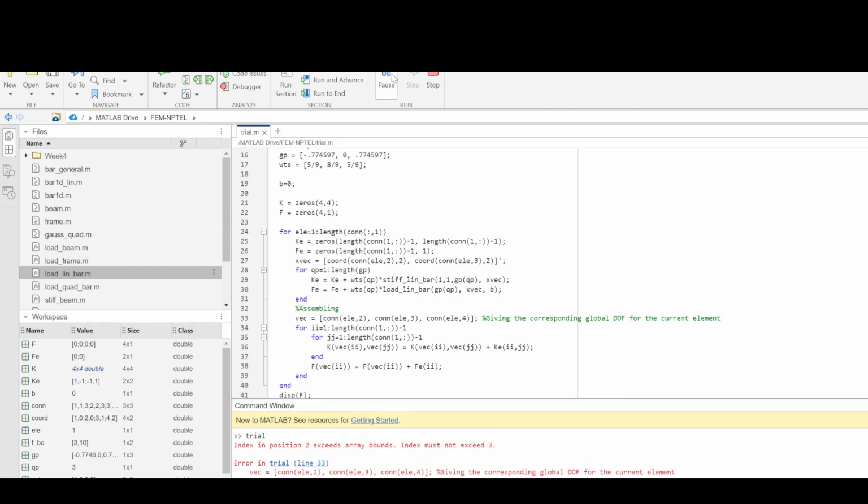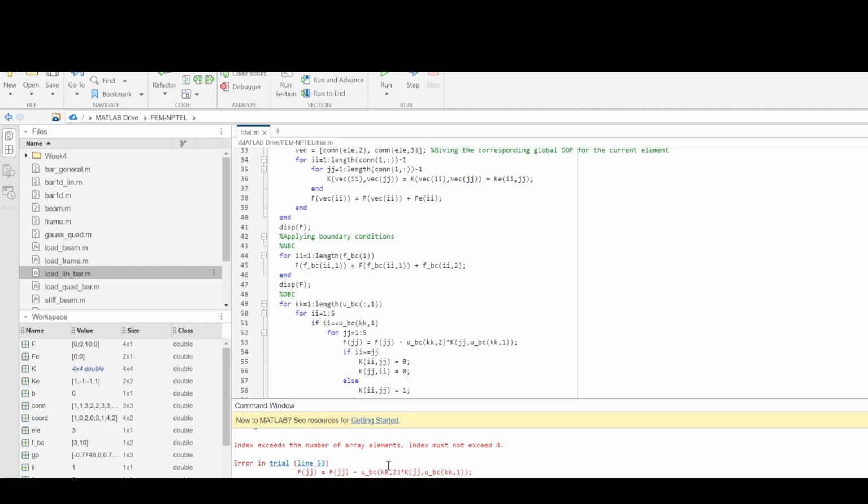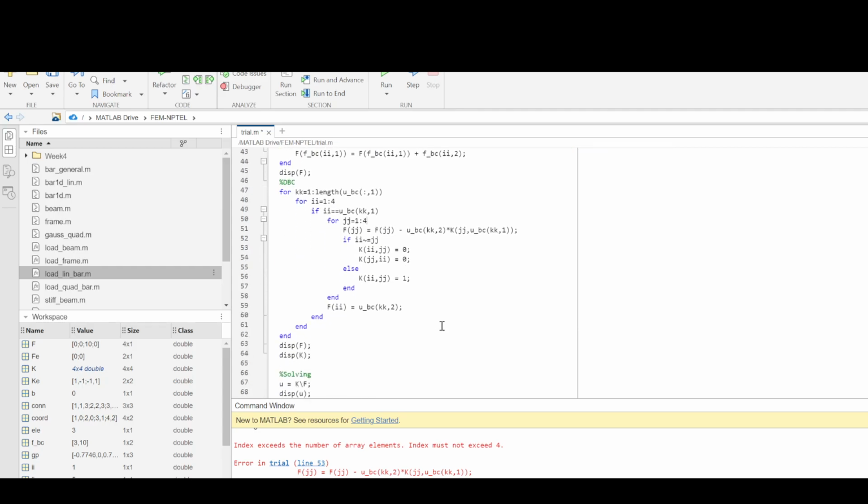Now let's check. Sorry, we have to change the index here also. Total 4 nodes, right? Yeah.